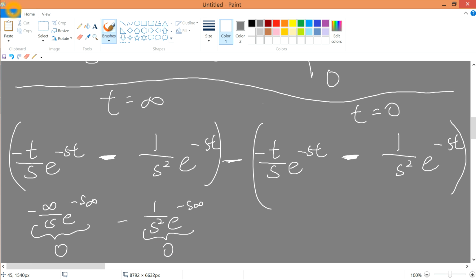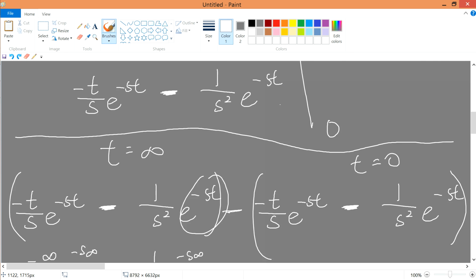So be very careful that this term e to the minus st, if it's e to the minus infinity, is always equal to 0, because it's a very small number. You can just type in e to the minus 1000 or 10,000, whatever. You'll get a very small number, 0 in this case. This is the similar concept I just want to convey.